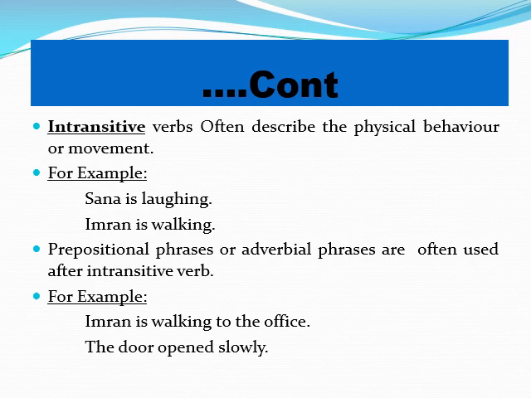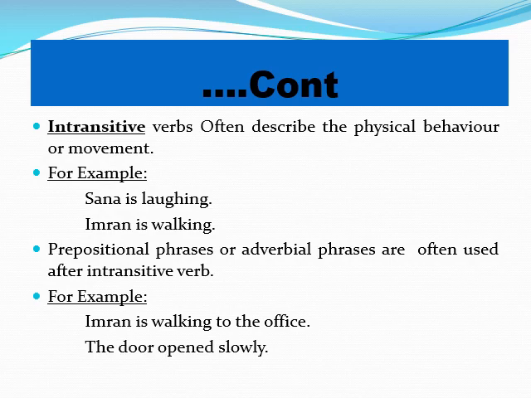Okay. Let's have another example. The door opened slowly. We can also use an adverb, slowly. This is an adverb of manner. It tells us how something happened. Here we are saying the door opened slowly.